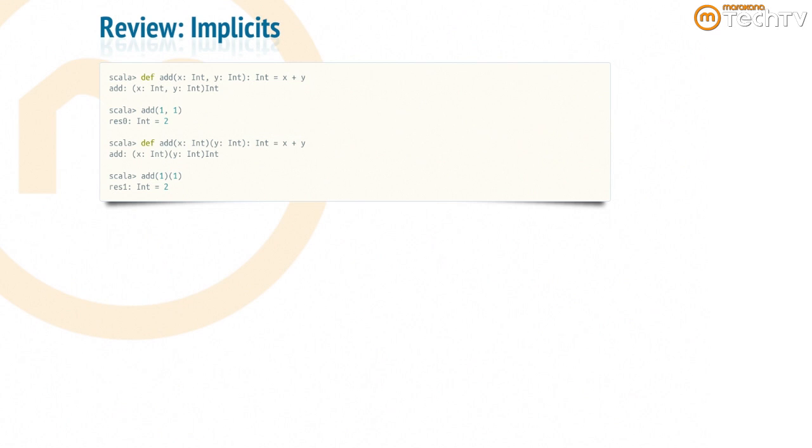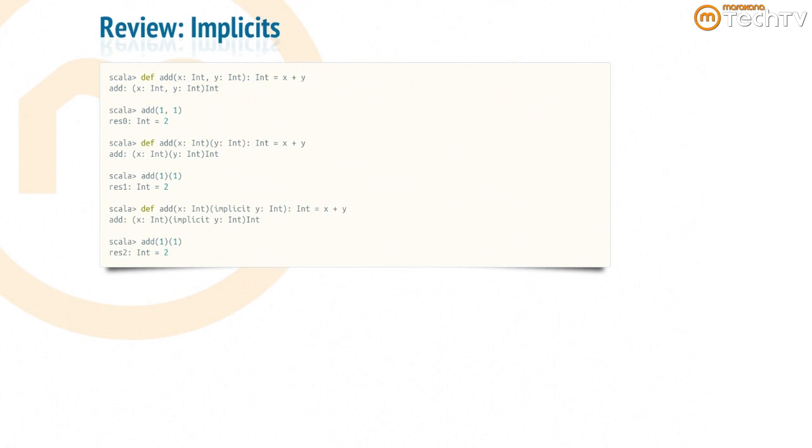I can also curry those parameters into multiple parameter lists. And this looks a little bit unusual if you're more familiar with Java or C++ or some language like that. I've got two separate parameter lists, each of which just contain one member, x and y separated out. And if I want to call add, I can do so. I just have to make sure to pass my parameters in separate parameter lists there as well.